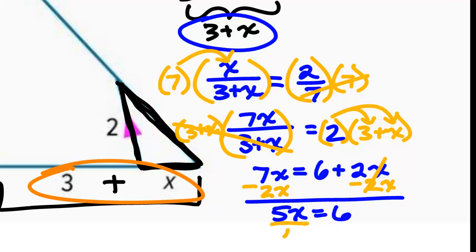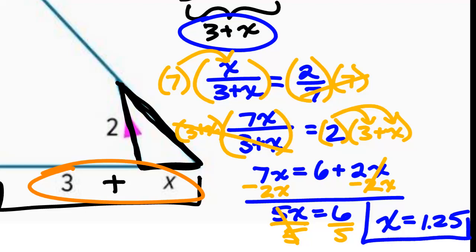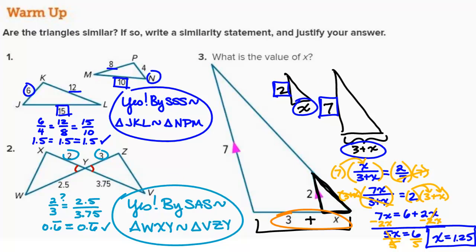And then I would divide both sides by 5, giving me that x is 1.25. So we're going to practice a lot more today with this idea that you have to add to get that big side, but that was the big idea on number 3 that was the key to solving that problem.